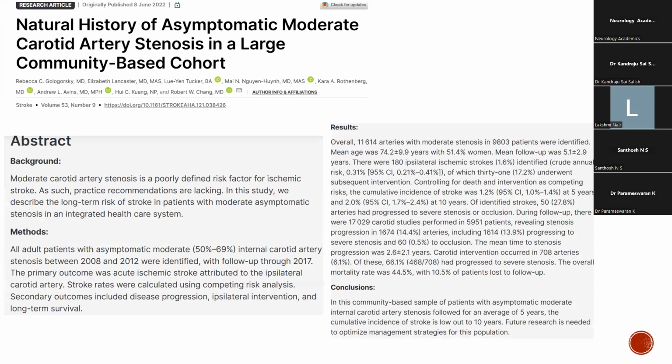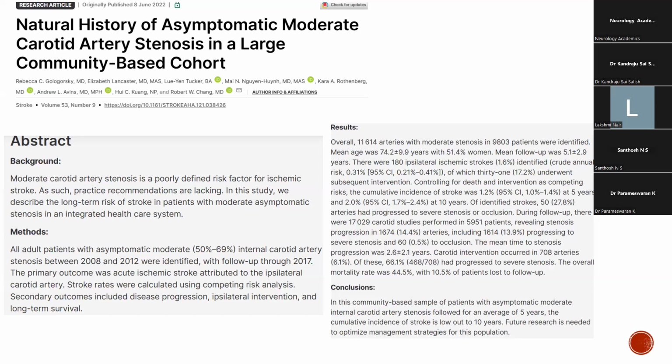Now this study on the natural history of asymptomatic moderate carotid artery stenosis in a large community-based trial by Rebecca et al. found that out of the 11,614 arteries with moderate stenosis, with a mean follow-up of 5 years, there were 180 ipsilateral ischemic strokes.